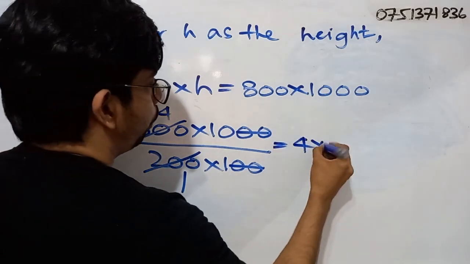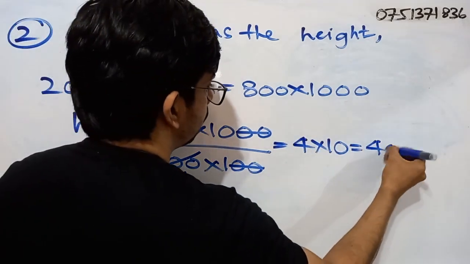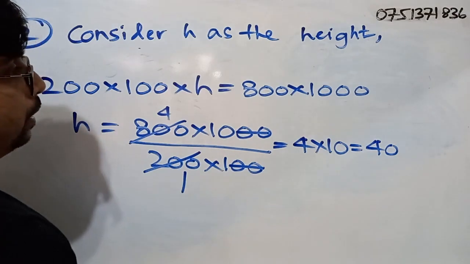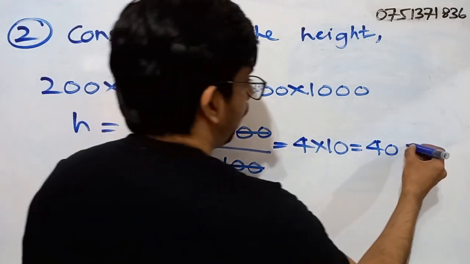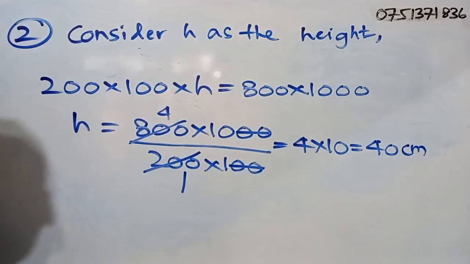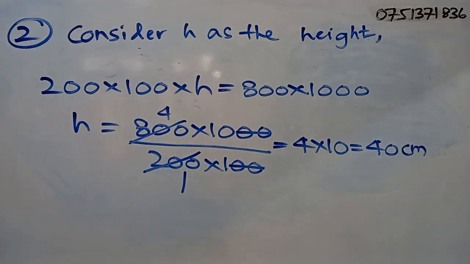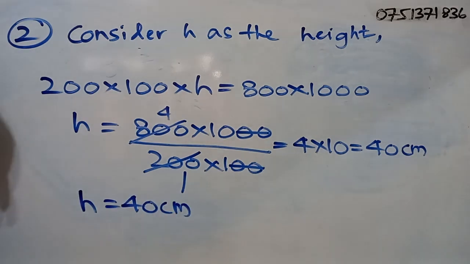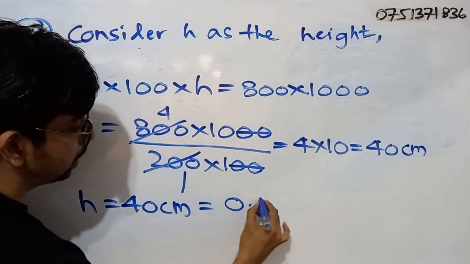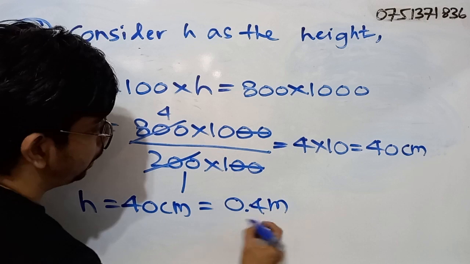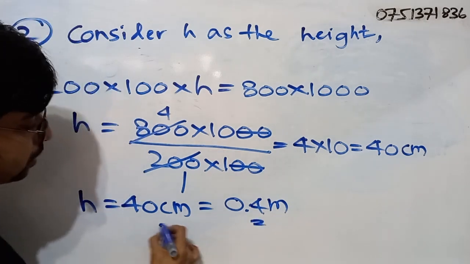So 4 into 10, that means what? 40. So here the height comes in what? 40 centimeters, and we can convert that into meters, which will be what? 0.4 meters. So this is the answer.